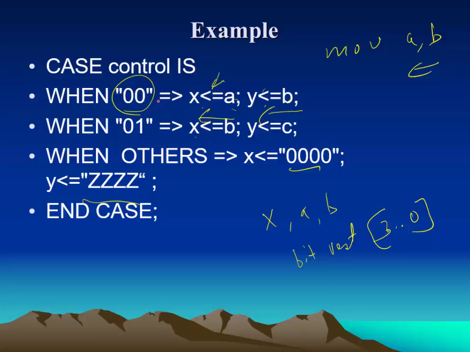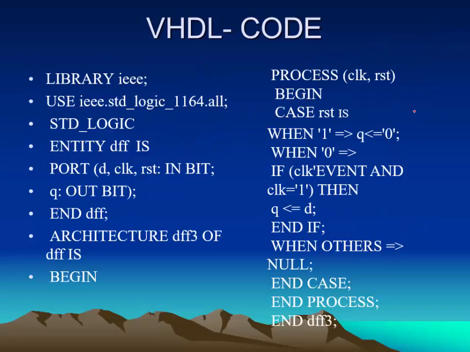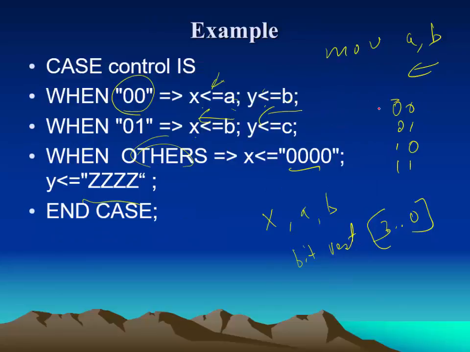When control is 0, 0, X gets the value of A, which is a 4-bit number. Y gets the value of B, which is a 4-bit number. If 0, 1, X gets B, Y gets C. If it's 1, 1 or 1, 0, the other two combinations, because there are 4 possible combinations: 0, 0, 0, 1, 1, 0, 1, 1. We've defined these two.